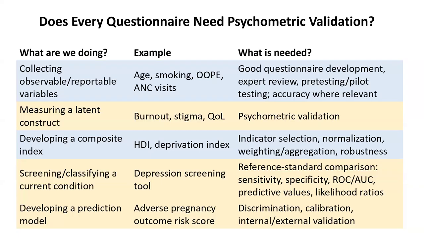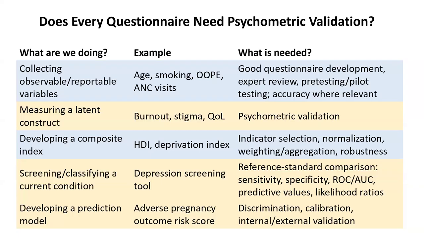If we are collecting data on observable, reportable, objective variables like age, whether the person is smoking, yes or no, the amount spent on seeking healthcare, or the number of ANC visits, all you need is a very good questionnaire and good questions to elicit the objective answers. So all you need to do is some pre-testing to be confident about the questions.